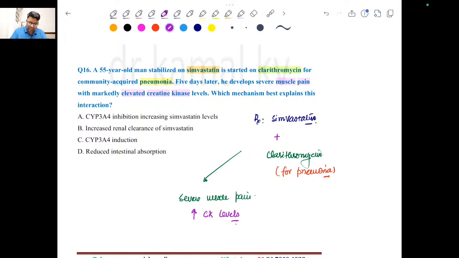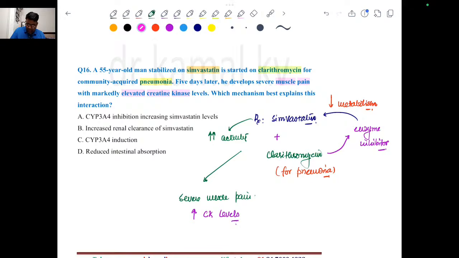So, yes, very good. Previously we have discussed a few examples of enzyme inducers, but this one is an enzyme inhibitor, right? Obviously when the metabolizing enzymes are inhibited, there is less metabolism, which means more activity or more adverse effects.